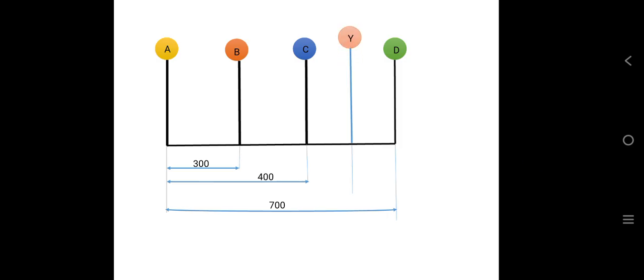Now the Y plane is 200 mm from the D plane. The distance between the plane X and Y is 400 mm.